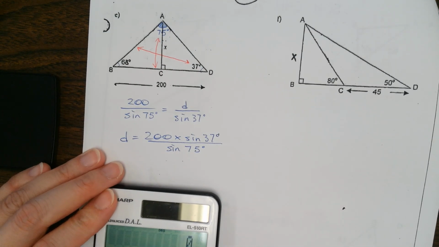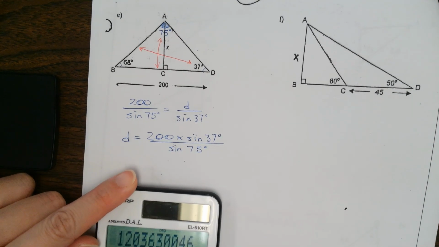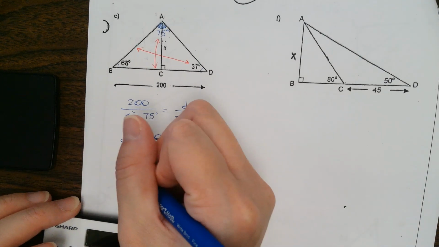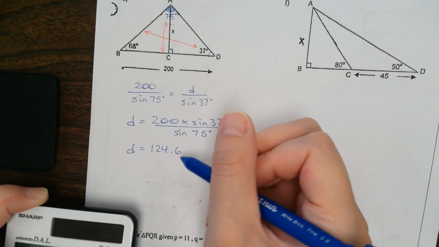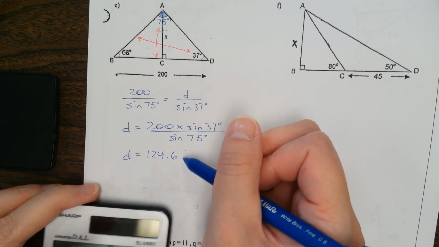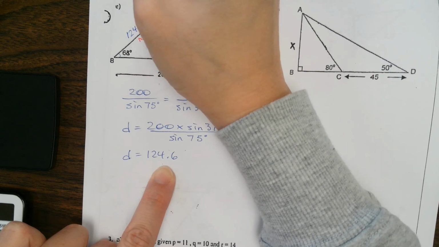Okay. Times 200 divided by sine 75. So that means D is 124.6. Don't round it to 125 yet because that's not your final answer. So I'm going to keep it as 124.6 right here.